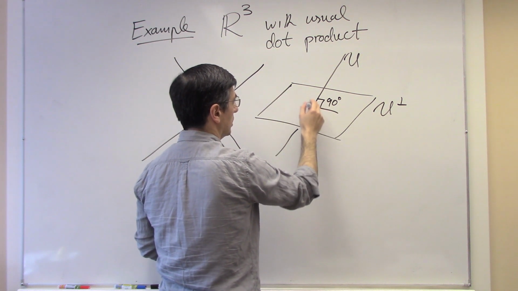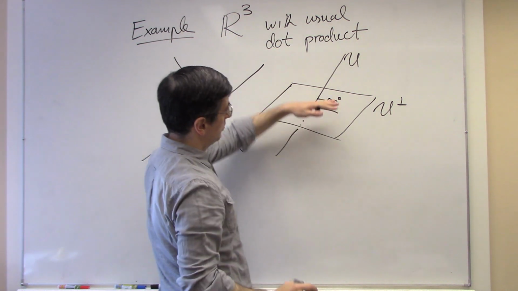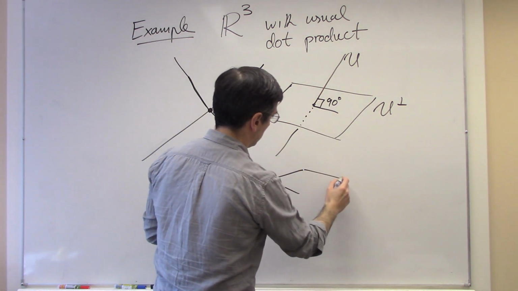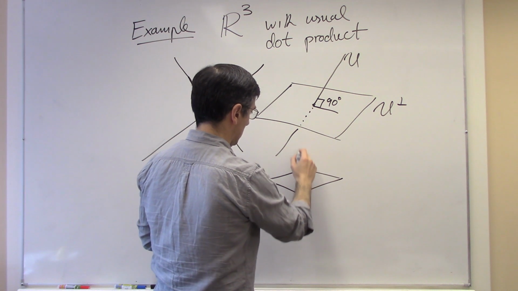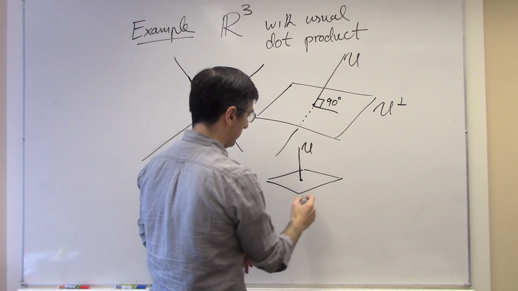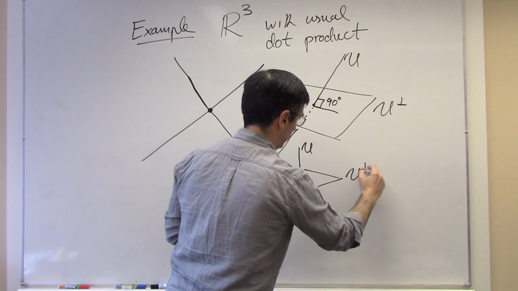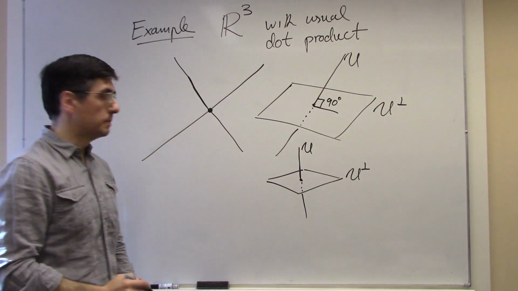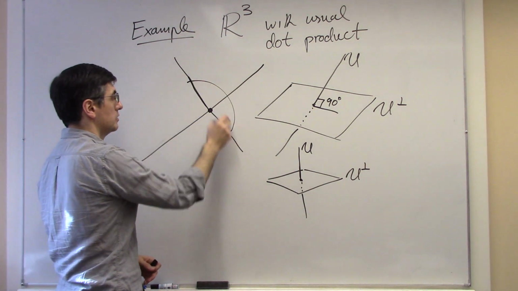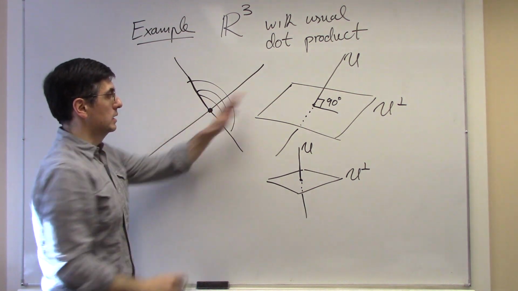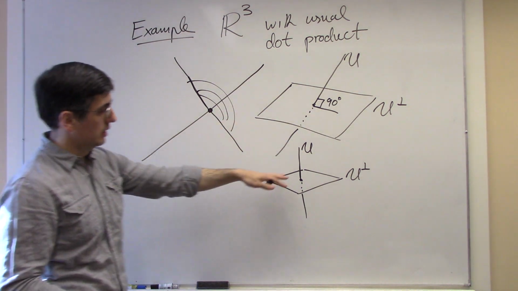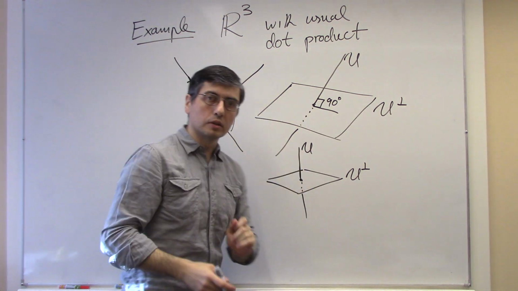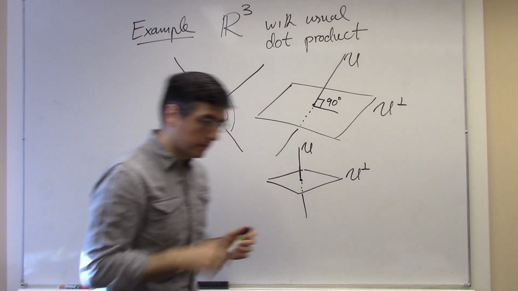So all vectors in this plane are perpendicular to U, or maybe a better picture would be to imagine this being U, and this is U perp. Okay, so something like this. So this rotates and you get a plane, as I said, and I redrew the picture there, and this is another view of the same picture if I sort of shift my point of view. All right.